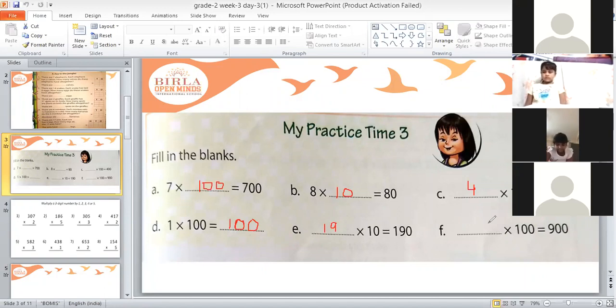Bit F. Read that question. Dash multiplies 100 equals to 900. Can you tell me by which number you should multiply 100 to get answer 900? 100 is there, 2 zeros are already there. After the equal to sign, which number is missing?